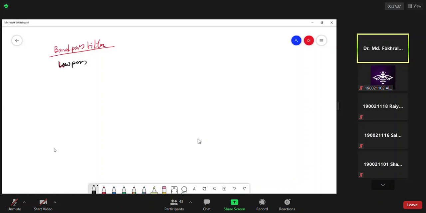Low pass filter with unity gain, and then a unity gain high pass filter with unity gain.